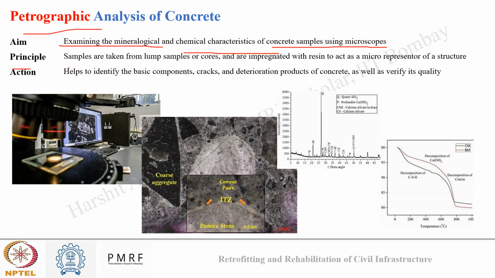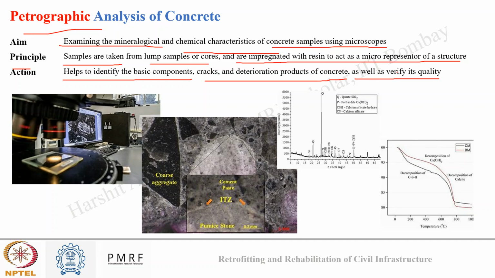So the principle is to collect samples from lumps or cores, and these samples are then impregnated by resins to act as a micro representation of the structure, and these help us to identify the basic components, crack and deterioration products of concrete, as well as to verify its quality.